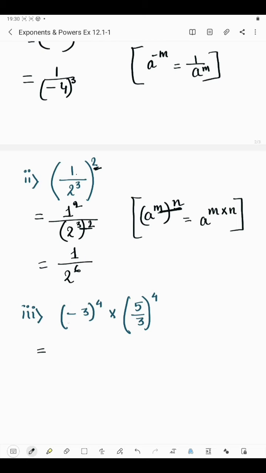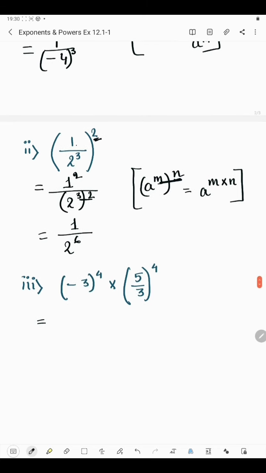Now in the third part we have minus 3 to the power 4 multiplied by 5 by 3 whole to the power 4. Okay. So here, according to the law, if a to the power m multiplied by b to the power m, means when we have the different base and in between multiply sign is there.